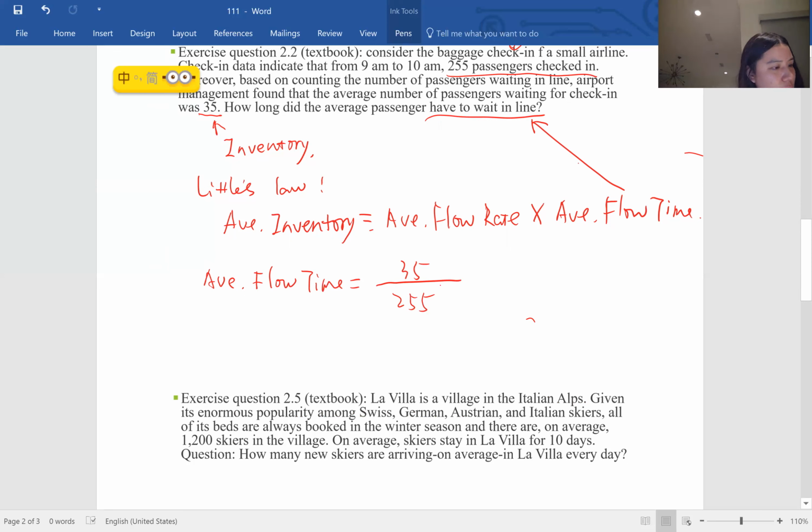And we got the number equals 0.137, and the unit is hour. And this equals 8.24 minutes. Okay, so here we applied Little's law. Let's look at another one.